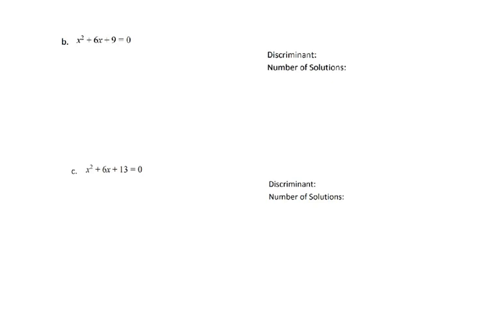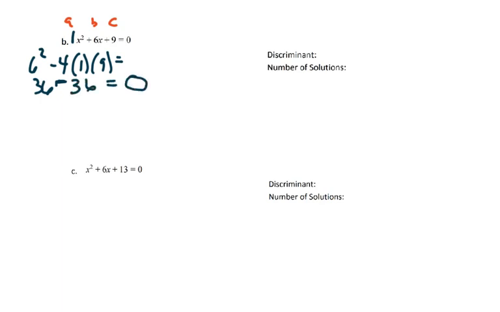Okay, let's look at a different scenario. Again, we're going to identify A, B, and C. And let's use the discriminant. We got b squared, which gives me 6 squared minus 4 times A times C. In this case, we work this out, we're going to get 36 minus 36, which gives me 0.